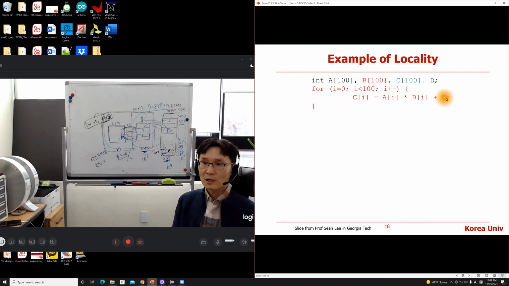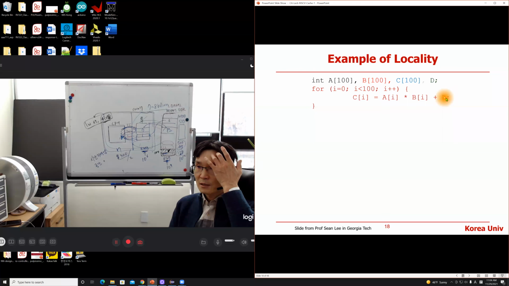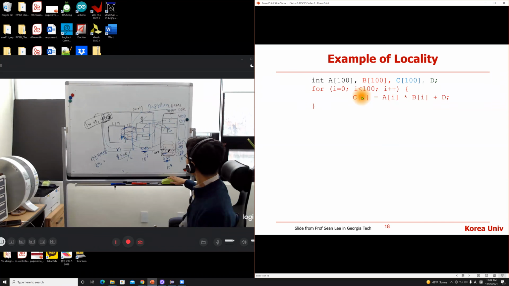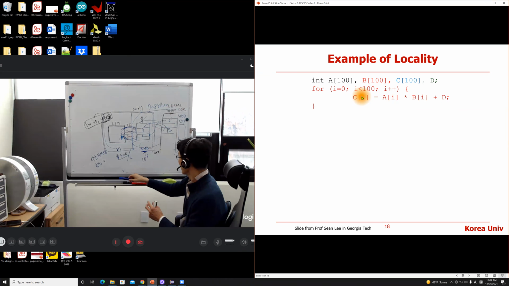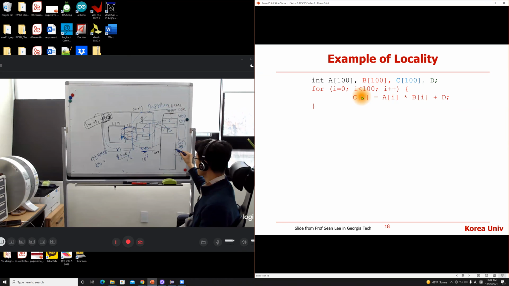How about spatial locality? What variable is showing spatial locality characteristic? What is spatial locality? If you access one location, one data, very likely to access each neighbor data. So array: first time A0, B0, C0. If I draw, array is stored in consecutive memory locations like this.